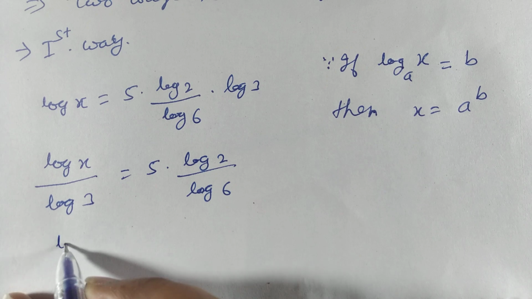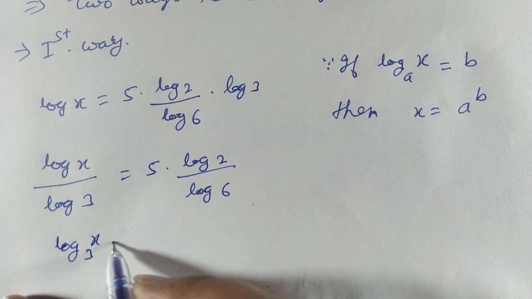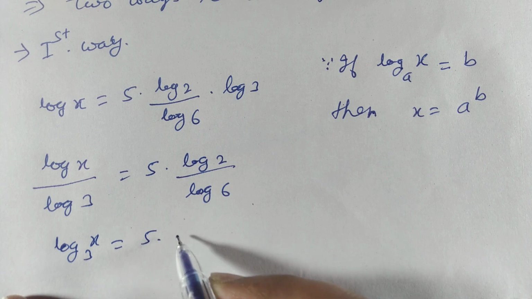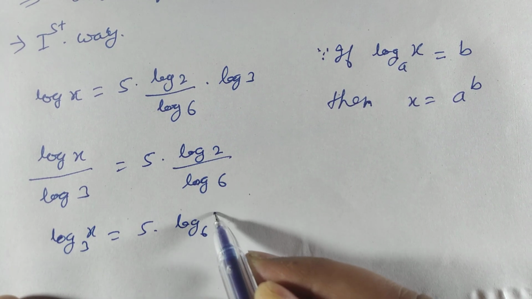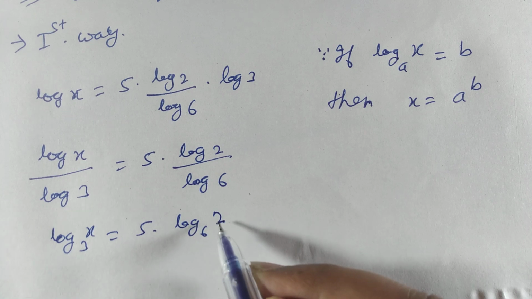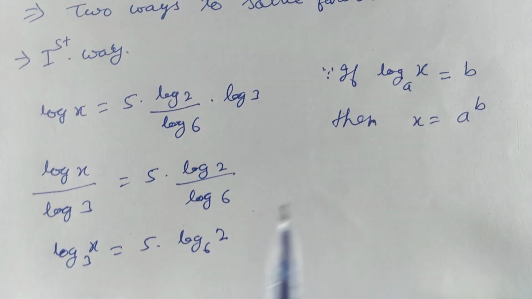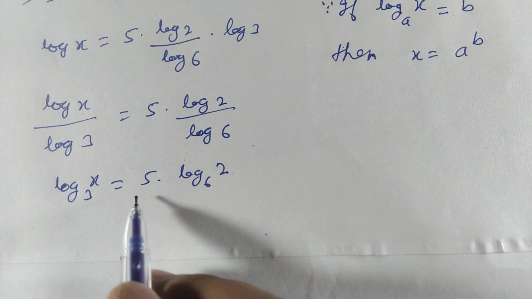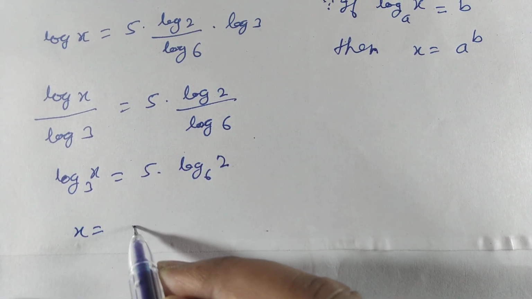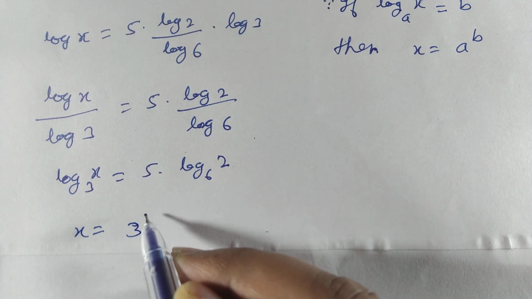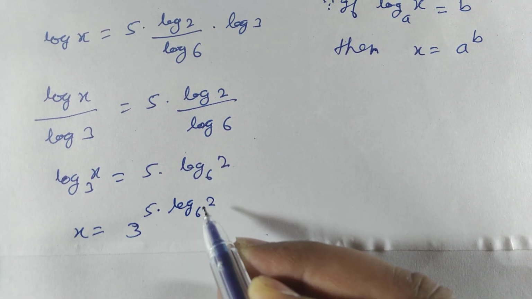So log x base 3 is 5 times log 2 base 6, and applying this law here, x is equal to 3 to the power 5 times log 2 base 6.